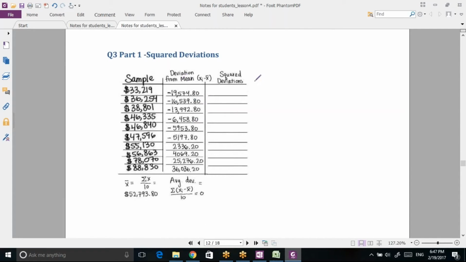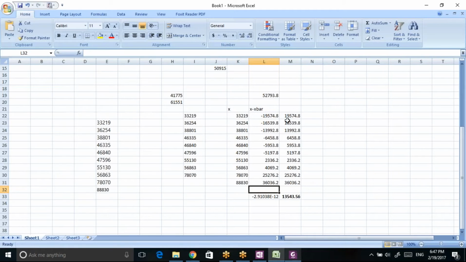Now let's do the second way, let's square these deviations. I am going to square each of these deviations. So how do we square it in Excel?